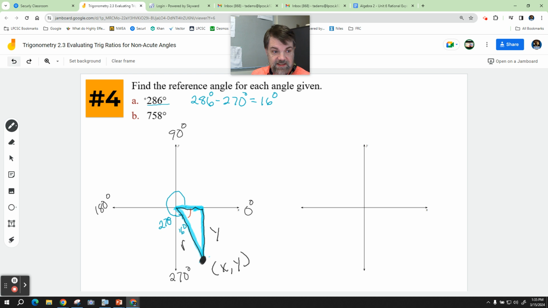Oh, I didn't like that line. From here to here. And so this is my 90-degree angle. But what is this little angle here in the middle? Well, remember that it's 90 degrees minus my 16 degrees.